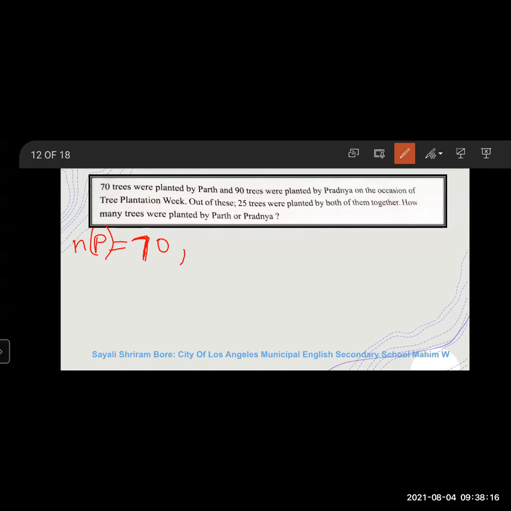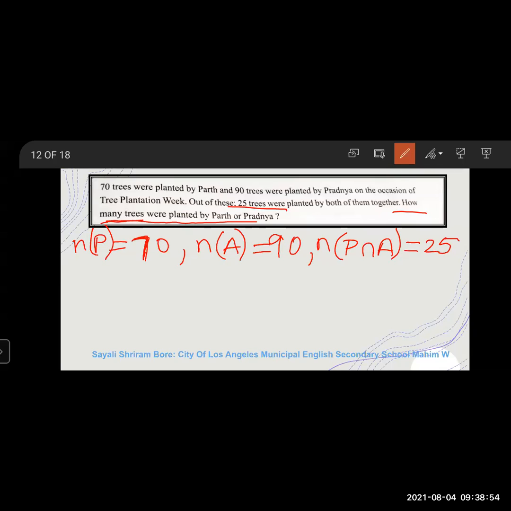And for Pradnya, I am taking n of A. So n of A is equal to 90. And both of them planted 25. So n of P intersection A is equal to 25. Now your duty is to find how many trees were planted by either of them.